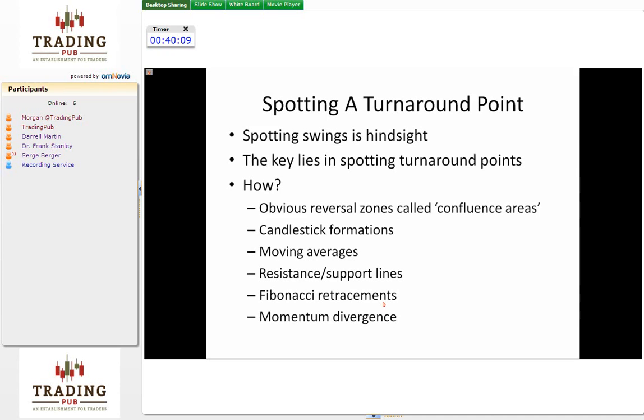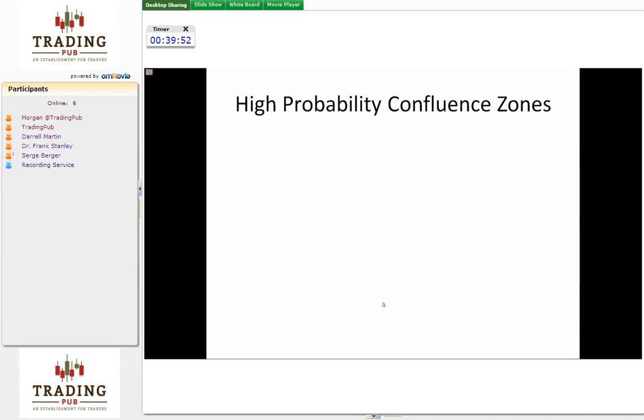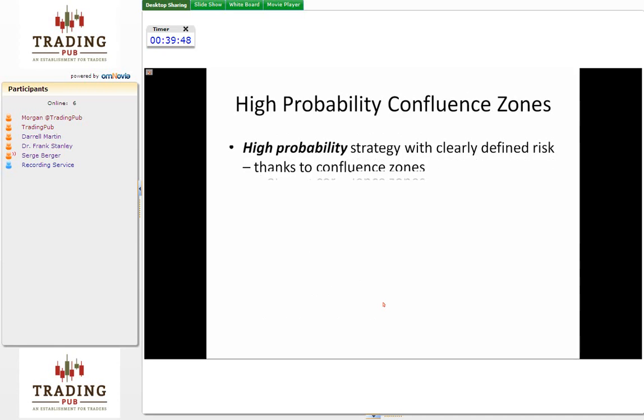If you can spot a turnaround point more or less consistently, and that's what I try to do when I look for my high probability trades, you will be successful with this strategy, no doubt. I'll look at these confluence zones here in a second, but at the end of the day, what I look for is certain areas on a chart where you have multiple things come together.